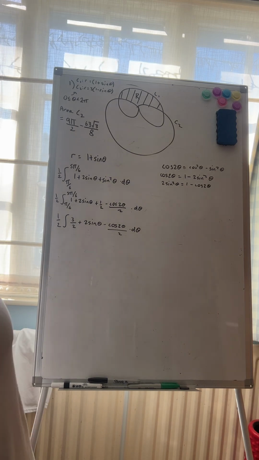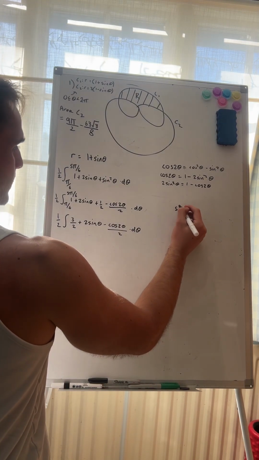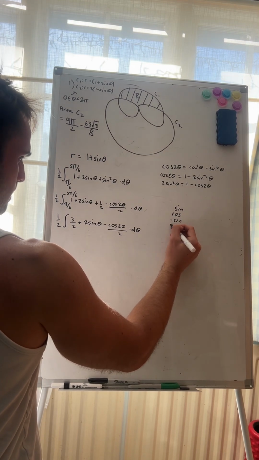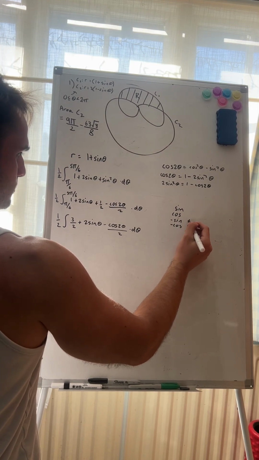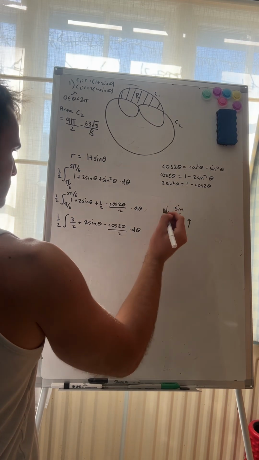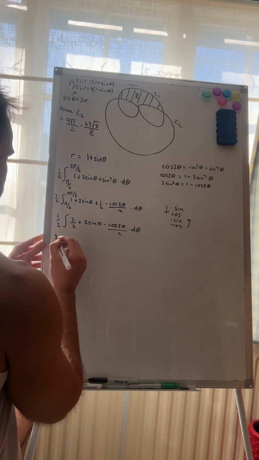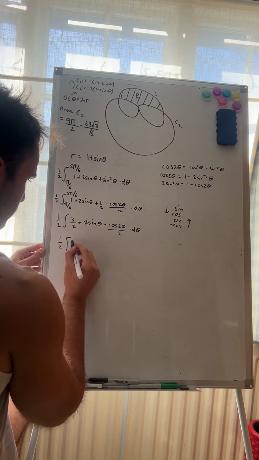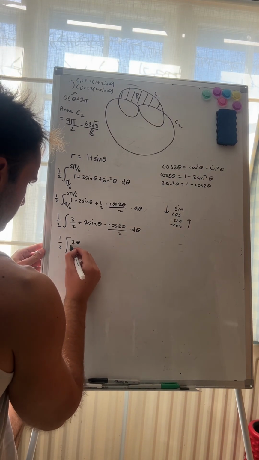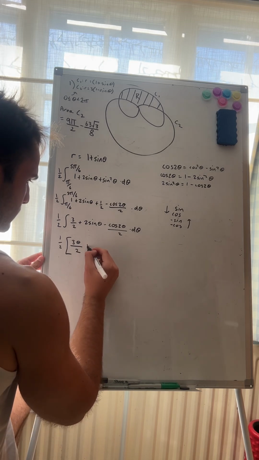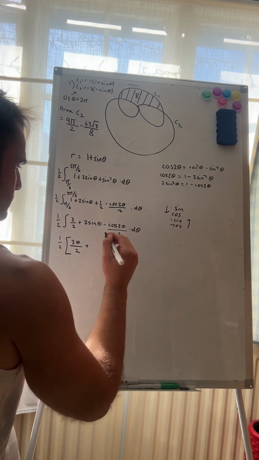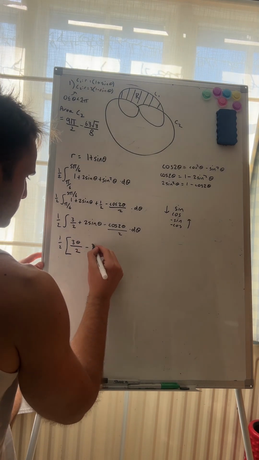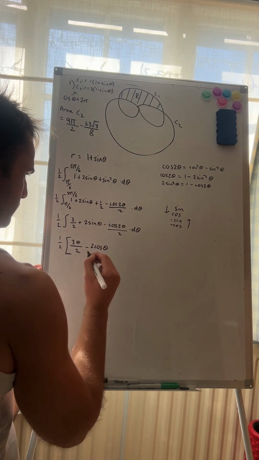So now we can integrate this. If we remember how to integrate, we integrate upwards and differentiate downwards. So we get that this is a half square brackets of 3 theta over 2 plus sine, it's going down to minus cos, so that's actually minus 2 cos theta.